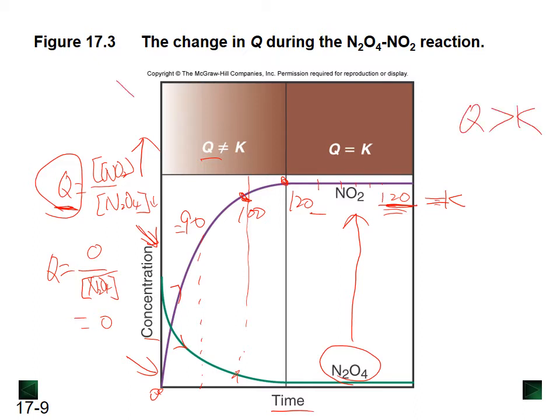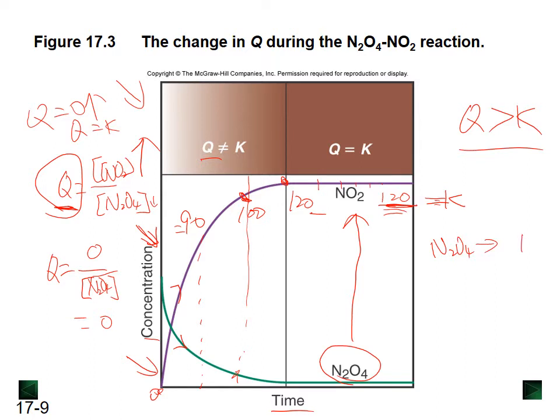This example shows we start with Q equals 0, and then it increases until Q becomes K, so it's always less than K. But is it possible for Q to be greater than K? Well, it is possible if we start with the product. So in this case, the reactant is N2O4.